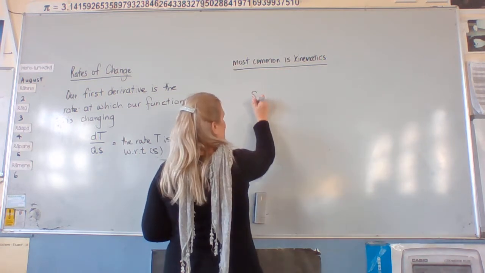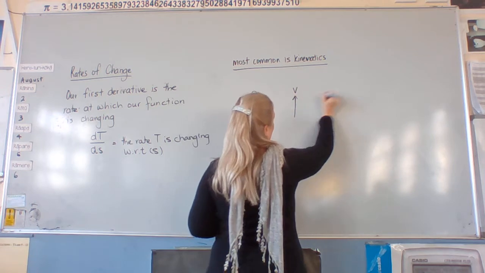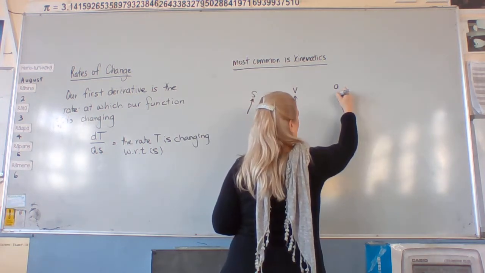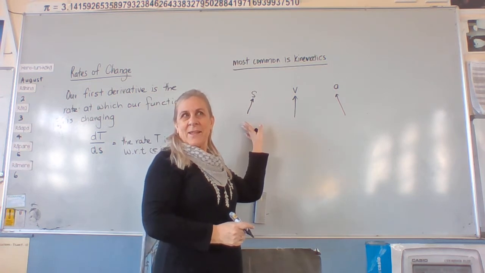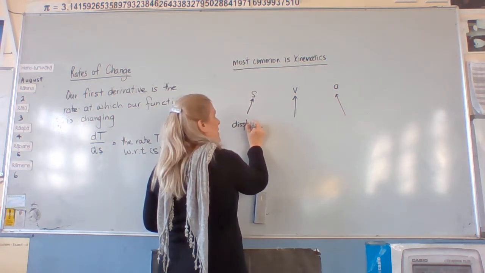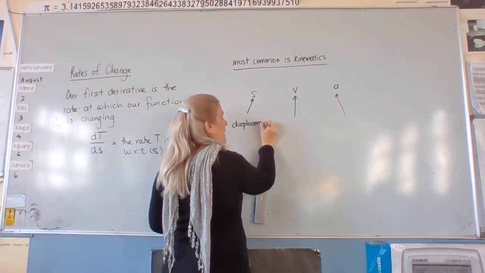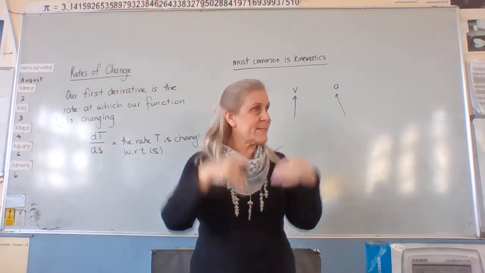So we've got our S, which is our V, which is and our A, which is, right, so what does S stand for? Good, well done, good word. Displacement. All right? And that means where has it travelled from its starting point?